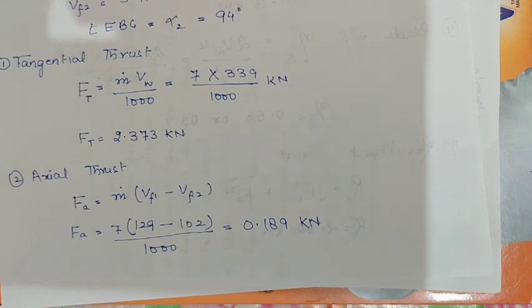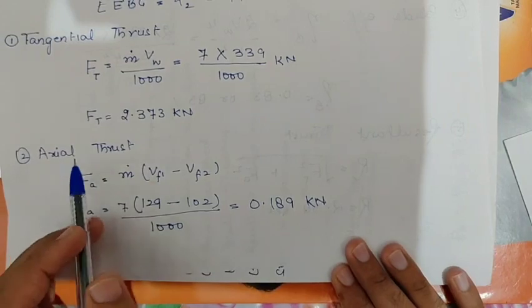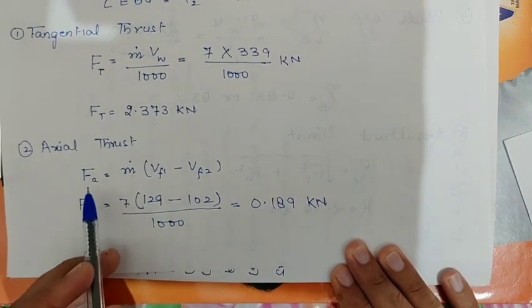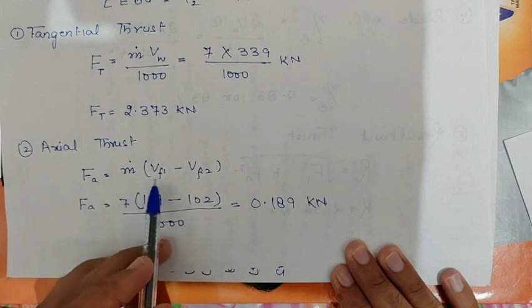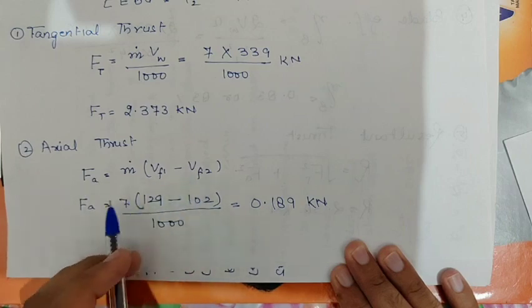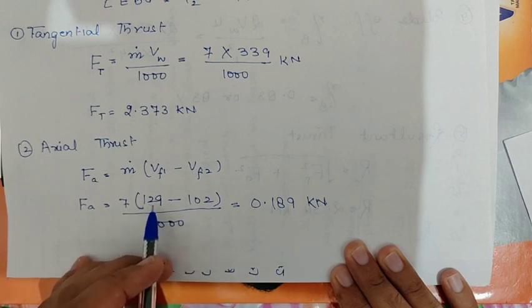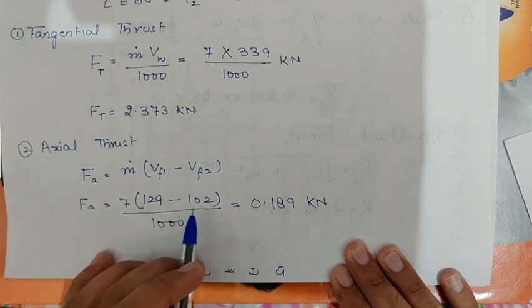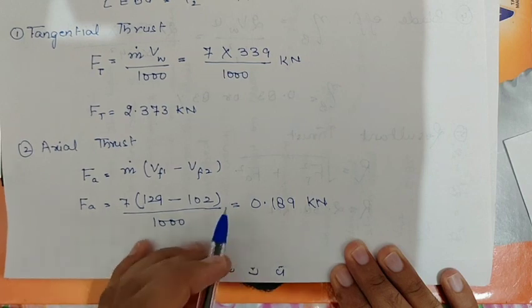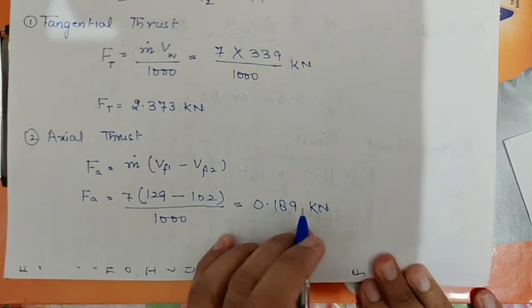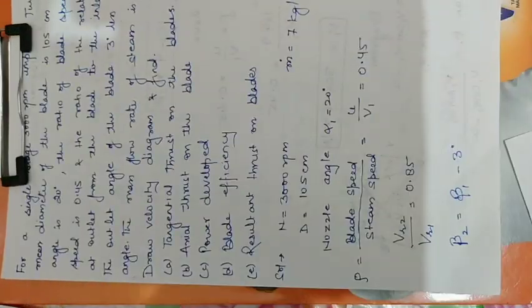Second, we have to calculate axial thrust. The formula for axial thrust is Fa equals m dot times Vf1 minus Vf2. So 7, that is the mass flow rate, times Vf1, which we have already calculated, 129 minus 102, divided by 1000, equals 0.189 kilonewton. This is the value of axial thrust.